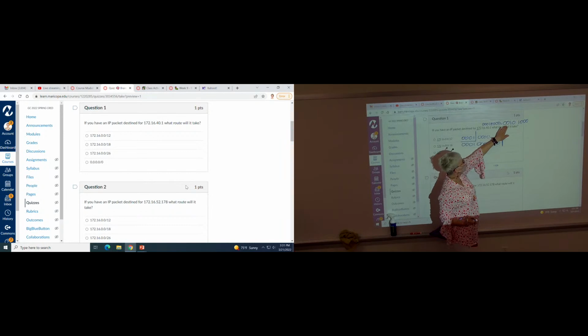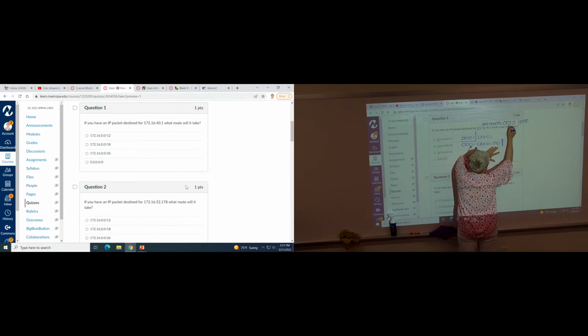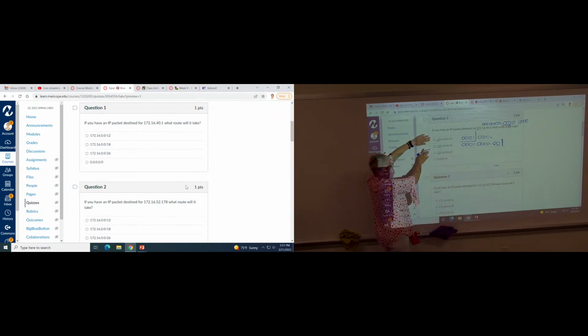So am I still okay? Right? Because I'm stopping right here if I'm comparing 18. So 0, 0. So which one's the best match? The second one. So far this one's better, right? That one works, but it's not as good.